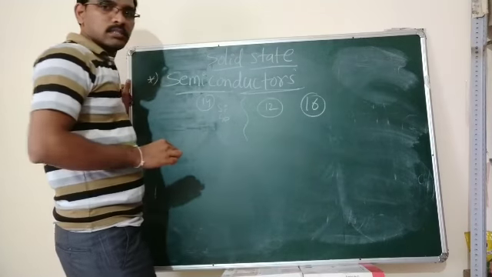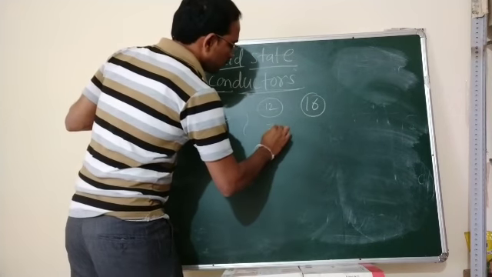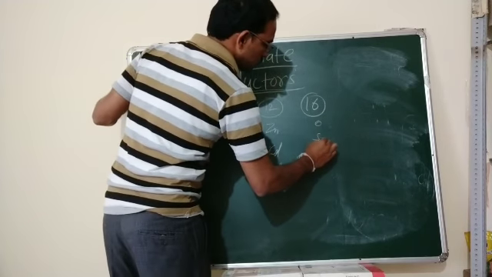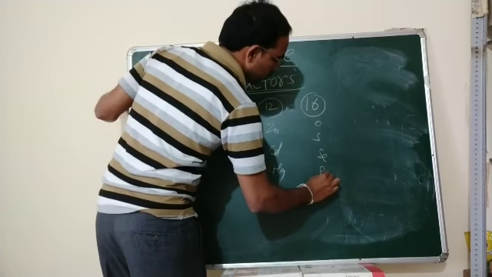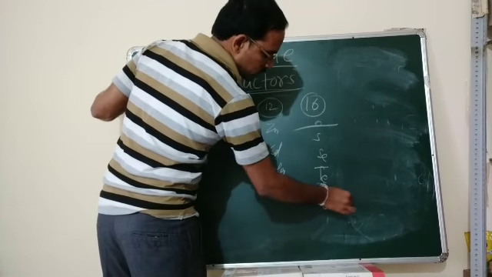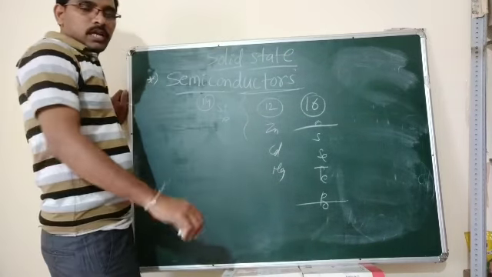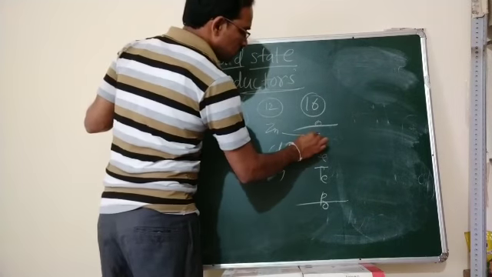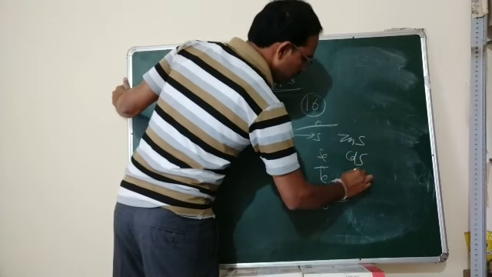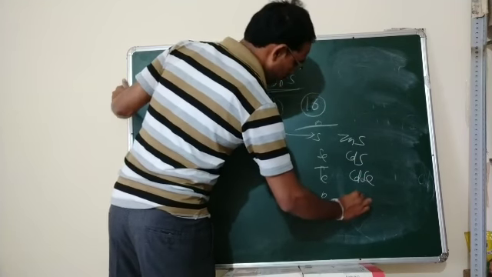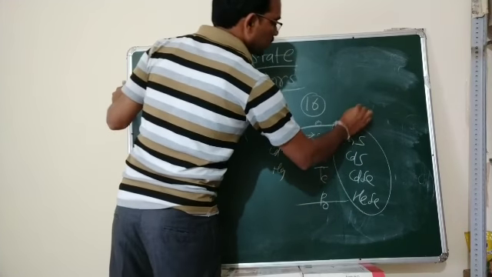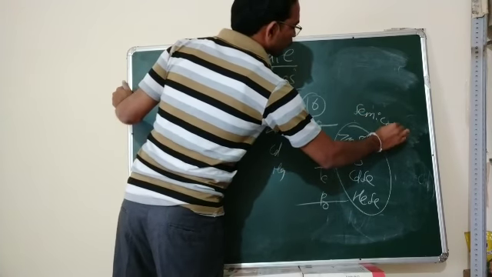The 12th group elements are zinc, cadmium and mercury, and the 16th group are oxygen, sulfur, selenium, tellurium and polonium. Oxygen is a gas and polonium is a radioactive element, so we cannot use them. But zinc sulfide, cadmium sulfide, cadmium selenide and mercury selenide we can use. These also act as semiconductors.